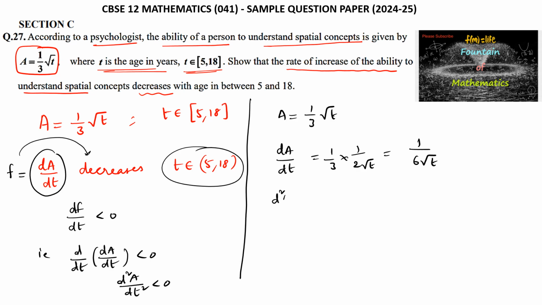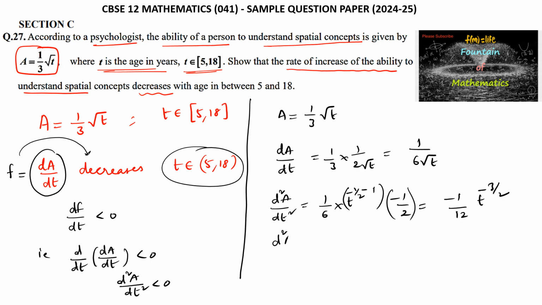And again, d square A by dt square, the second order derivative, we can write 1 upon 6 into t to the power of minus 1 by 2 minus 1, into minus 1 by 2. So that is minus 1 by 12 t to the power of minus 3 by 2.